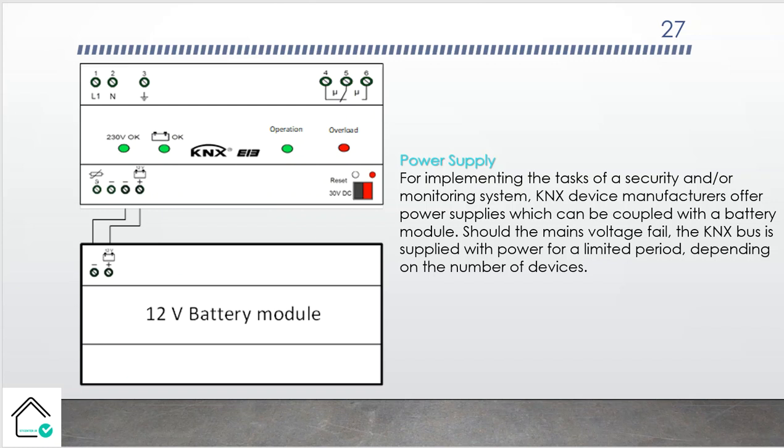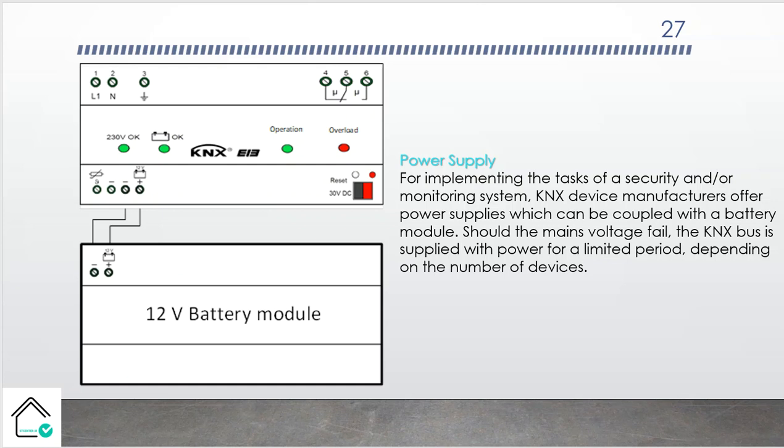So of course you can use the power supply unit with a UPS connection, it is possible according to your electrical cabinet wiring, or you can use the KNX power supply unit with the battery input, from ABB for example, or Schneider Electric, or I think Siemens, they have such a product. You can put this 12 volt battery module in your electrical cabinet and connect it to the power supply. In case of no power, for 1 or 2 hours, it can support it.